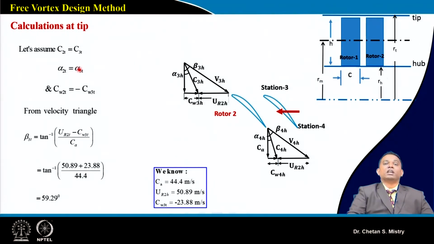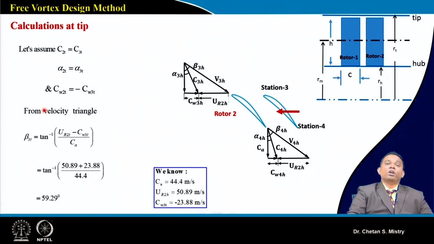The logic is that my absolute velocity at the exit of rotor 1 at the tip is equal to the absolute velocity at the entry of rotor 2 at the tip, and that's the reason my alpha 2 and alpha 3 come out the same. The remaining design methodology remains the same.